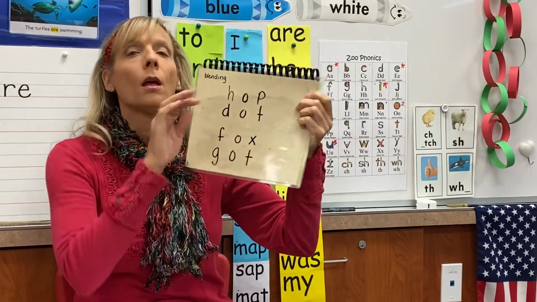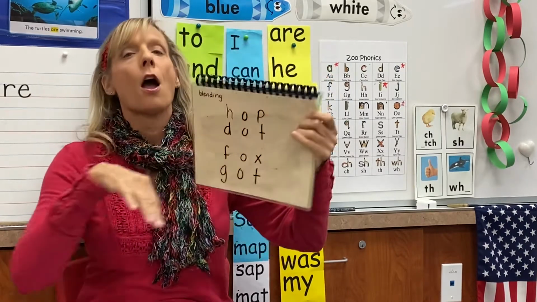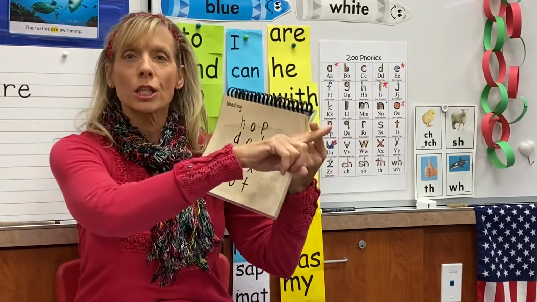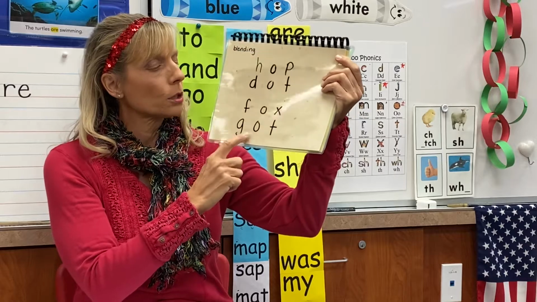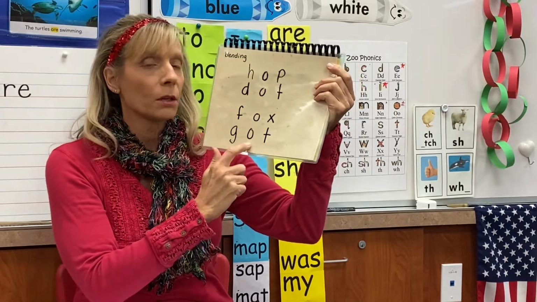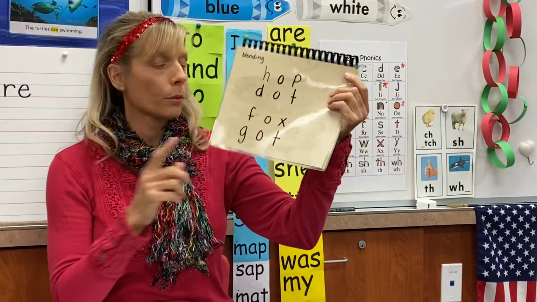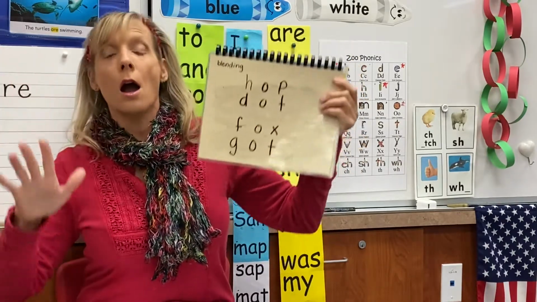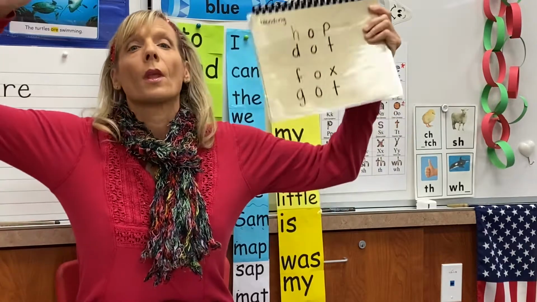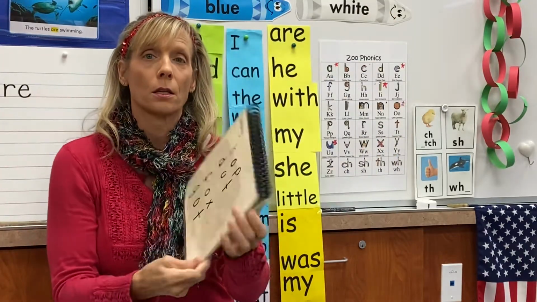Here we go. Ox. The next word, middle vowel sound is ah. Ready? Here we go. G, ot. What's the word? Got.